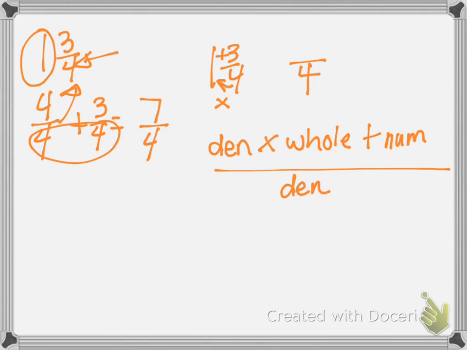That might be a good thing to take notes on as well. So 4 times 1 is 4, plus 3, the numerator, is 7/4. So denominator times the whole number plus the numerator. Or you can look at it conceptually and see that 1 is 4/4 plus the fraction we already had, and we have 7/4.